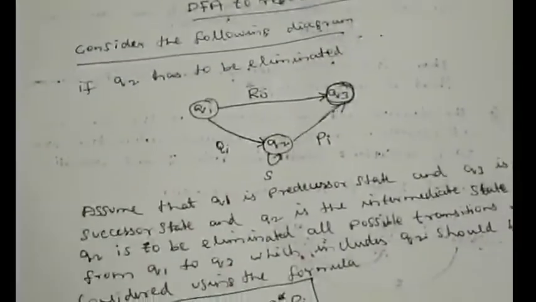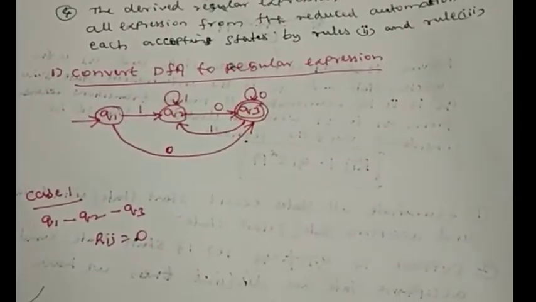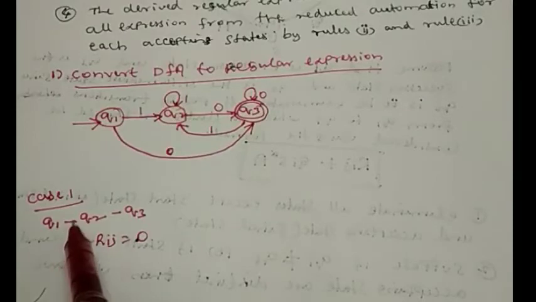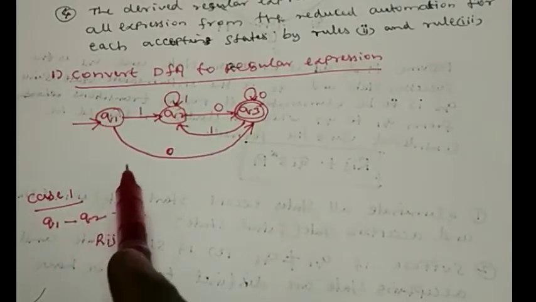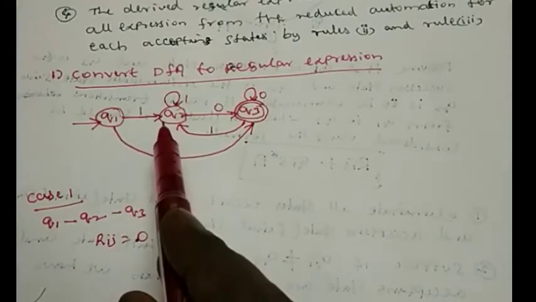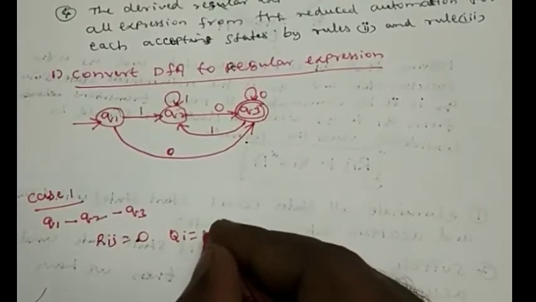We will check whether the predecessor and intermediate have any edge here. Is there any edge from Q1 to Q2? Yes, from Q1 to Q2 there is an edge and that transition is 1. So Qi is equal to 1 here.